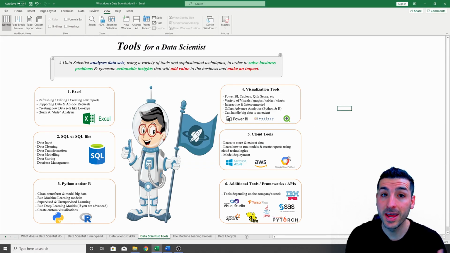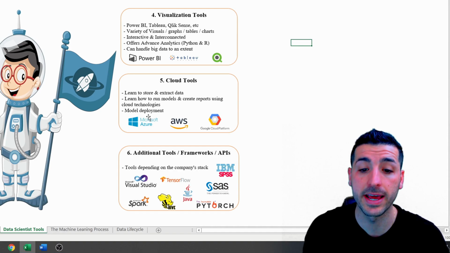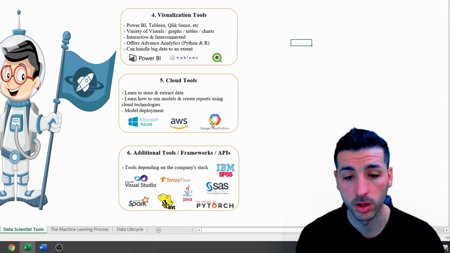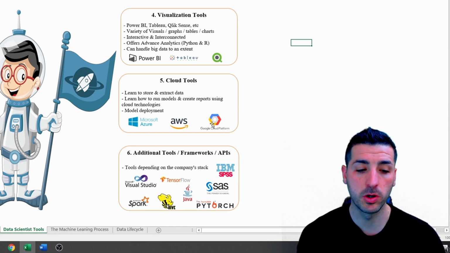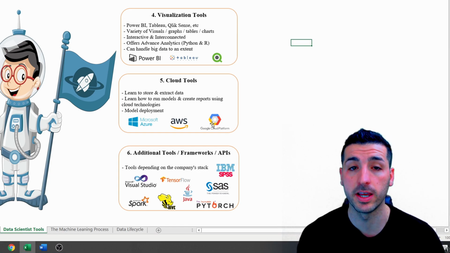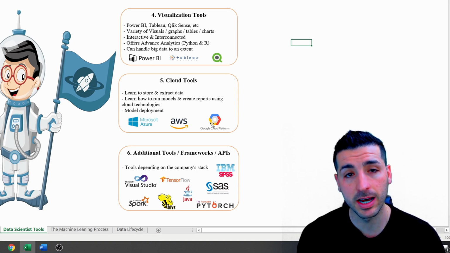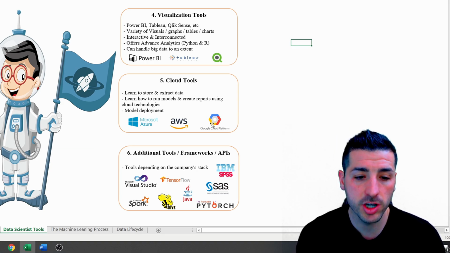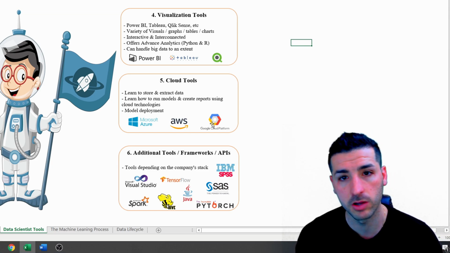Moving on, the next set of tools that you will have to know as a data scientist is cloud tools like Azure, AWS, GCP, or any other cloud tool. Now, the reason you need to know this is because all organizations nowadays are migrating their data from on-prem solutions into cloud solutions. So essentially, in 5 years' time, all the data is going to be stored in these cloud solutions.